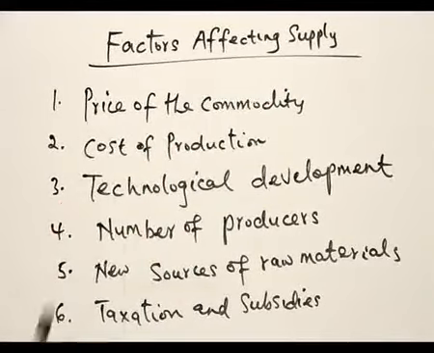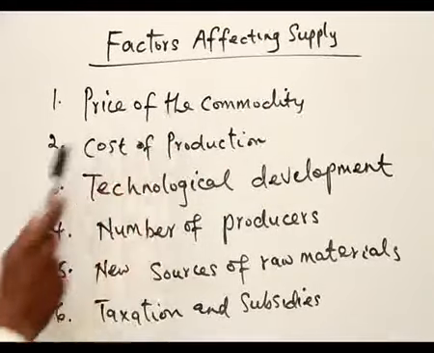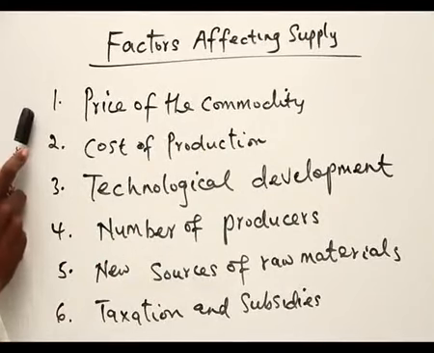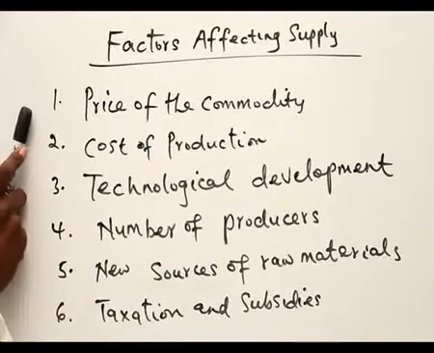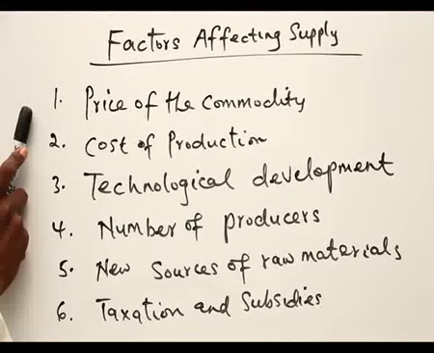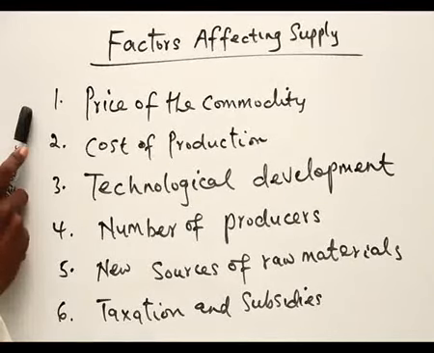Number one, price of the commodity. We have studied when we analyzed the demand curve and supply schedule that every producer will want to increase his or her output or increase supply whenever there is an increase in the price of the commodity in the market.